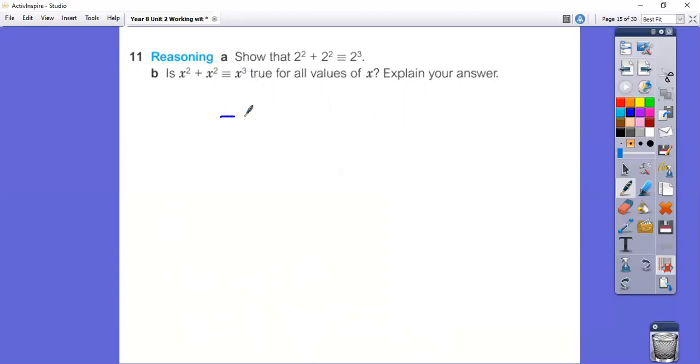So that's basically saying if I've got x squared plus x squared, will it always be equivalent to x to the power of 3, by using different values for x? So if I say 1 squared plus 1 squared, will it always equal, for example, 1 to the power of 3, choosing different values?